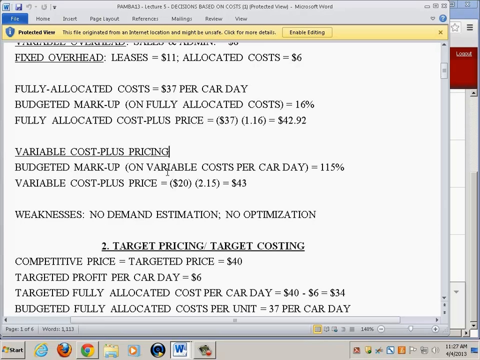we could illustrate it graphically. If we measure on the horizontal axis volume, in this case car days offered and sold.